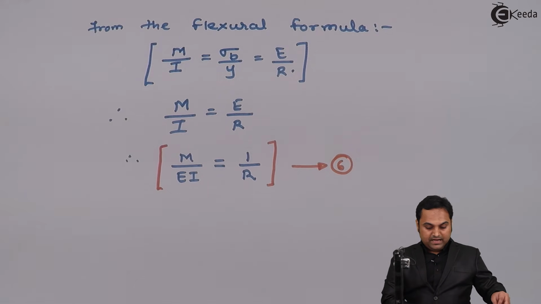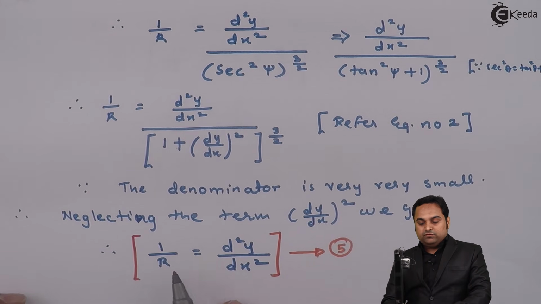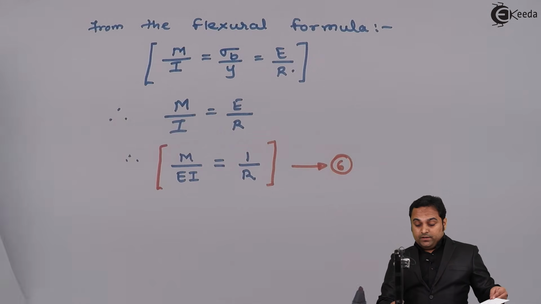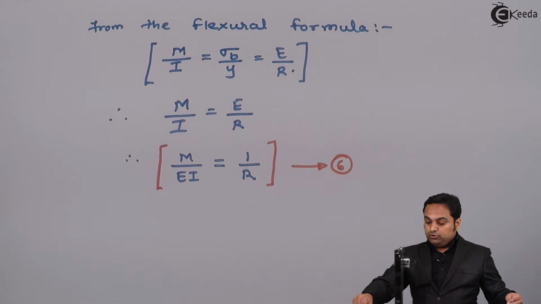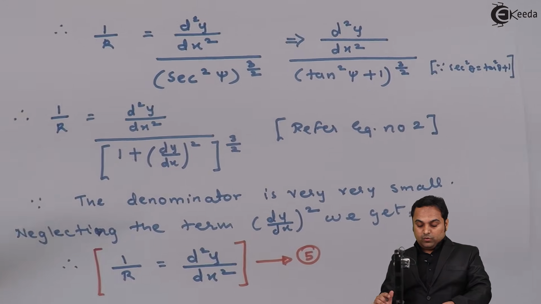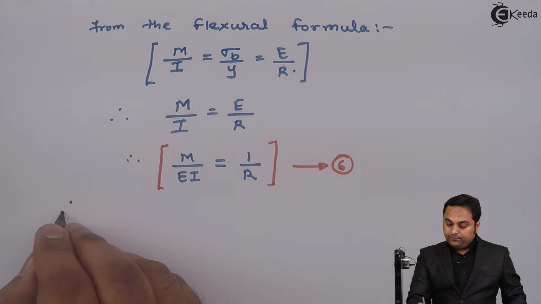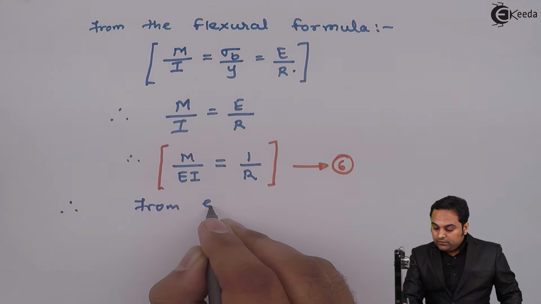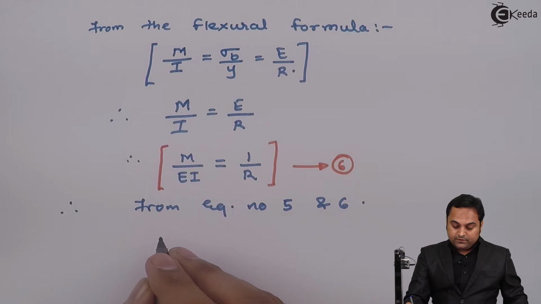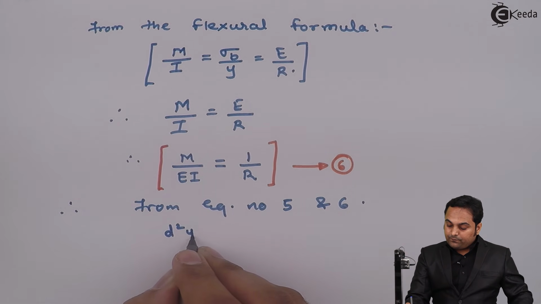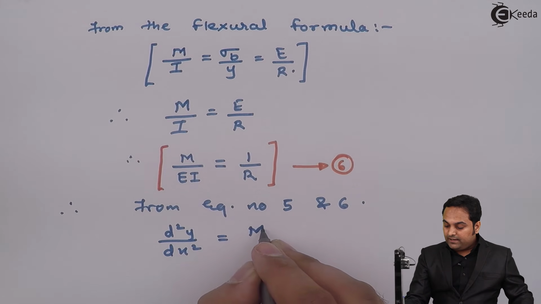Now I am going to compare. In equation 5 we have 1 upon R is equal to d square y by dx square. In equation 6 we have m upon EI is equal to 1 upon R. So from both equations 1 upon R gets cancelled out. Therefore from equations 5 and 6 we have d square y by dx square is equal to m upon EI.